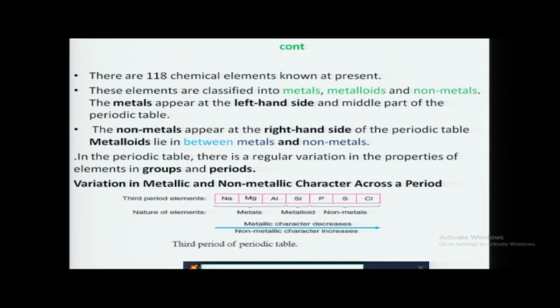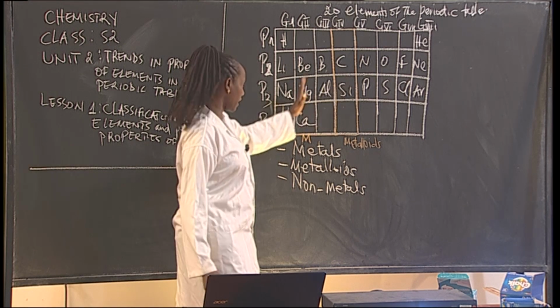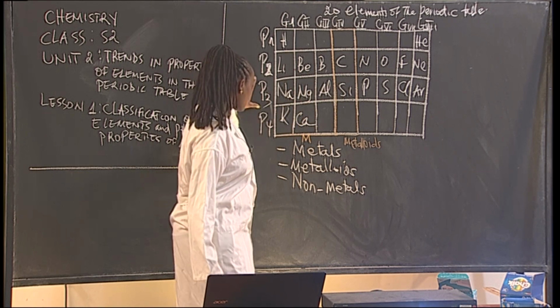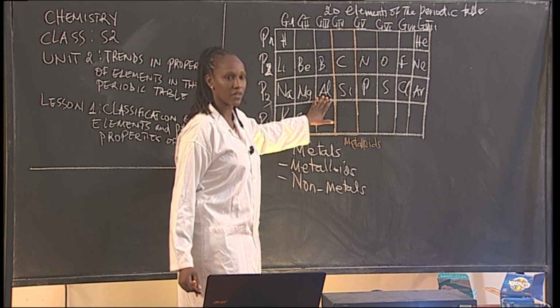That's what we call the metallic character. So we start by looking at the variation in metals. When you move across a period, for the case of metals, take an example of group 3 for metals, that is sodium, magnesium, aluminum, for example.